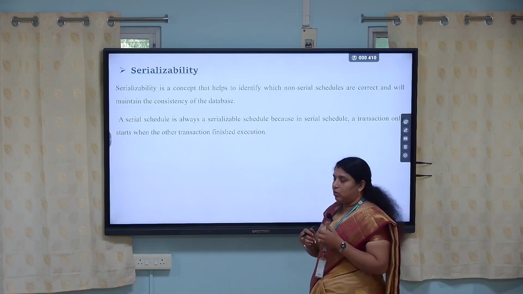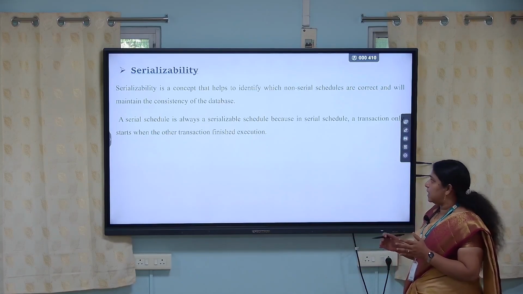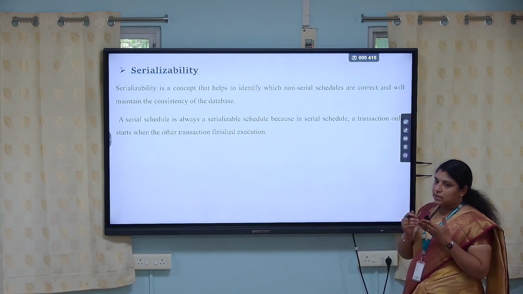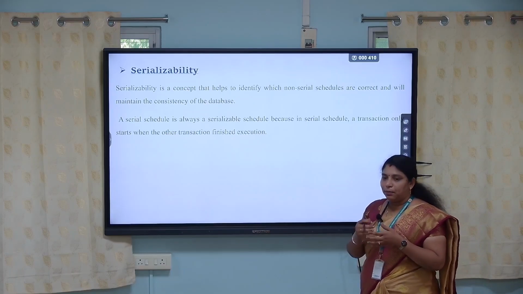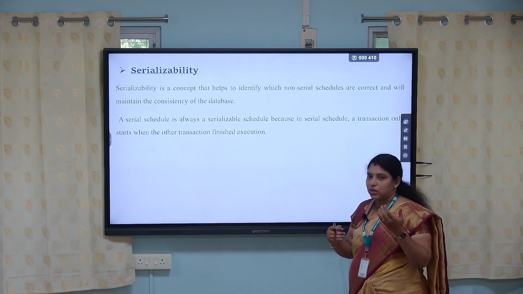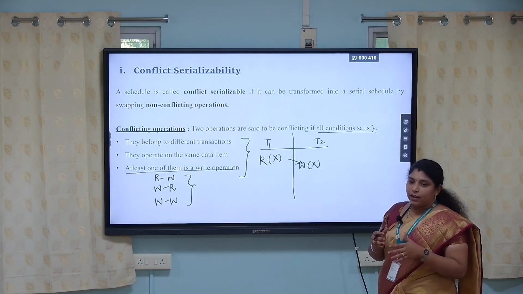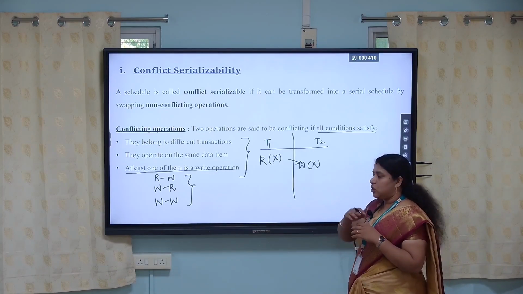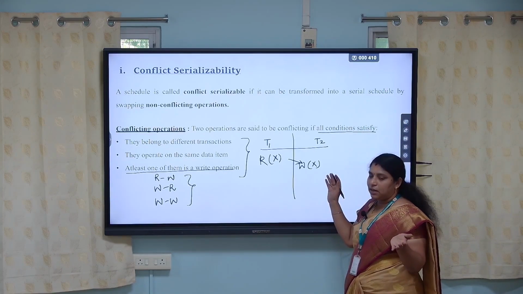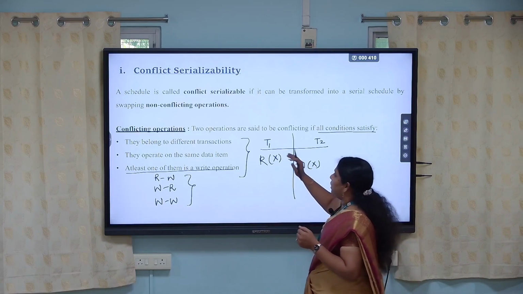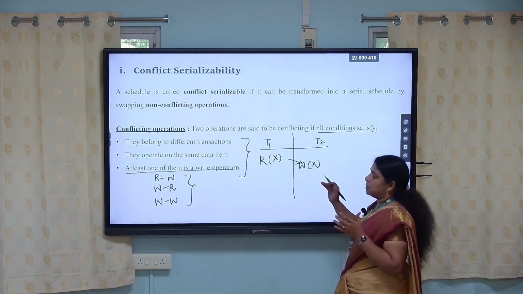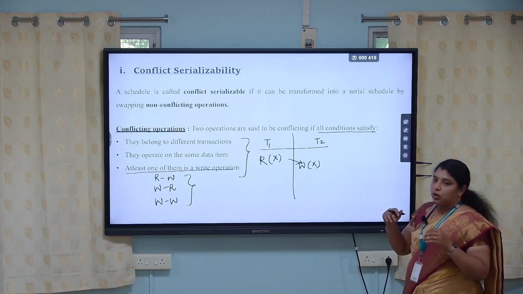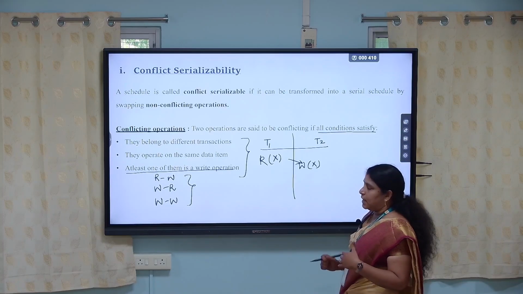A serial schedule is always a serializable schedule, because in a serial schedule, once the first transaction is completed, only then the next transaction starts. To identify whether a schedule is correct or not, we need to discuss the topic called conflict serializability.